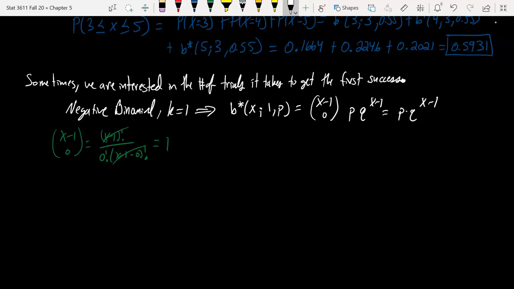And in this specific case, this is so common, it gets its own name. This is literally the geometric distribution.